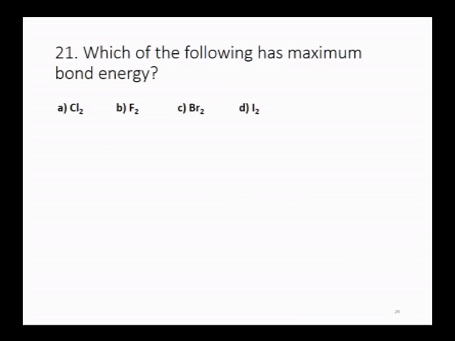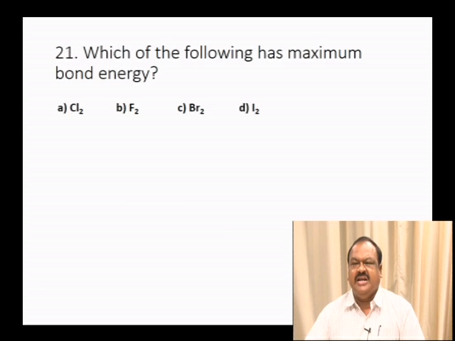Which of the following has maximum bond energy? Here options are chlorine, fluorine, bromine, iodine. Bond energy means the energy required to break the bond between two atoms.